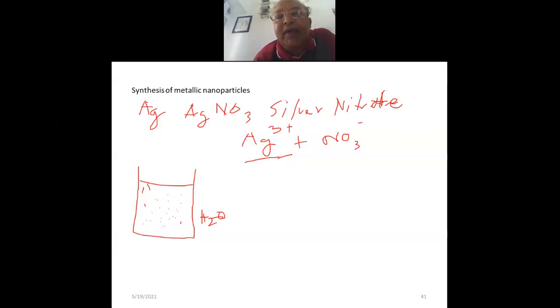Because of the charges, they attract each other and form a molecule. That means Ag3+ is forming when from a neutral atom we are removing three free electrons.